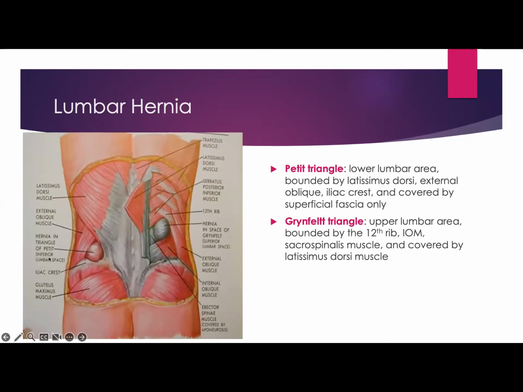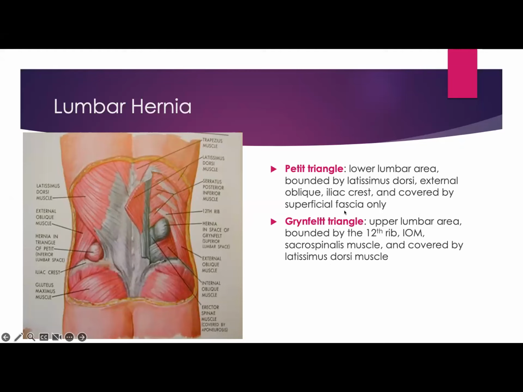So this is the Petit triangle, and you can see over here the inferior border would be the iliac crest. We have the external oblique laterally, and we have the latissimus dorsi medially.